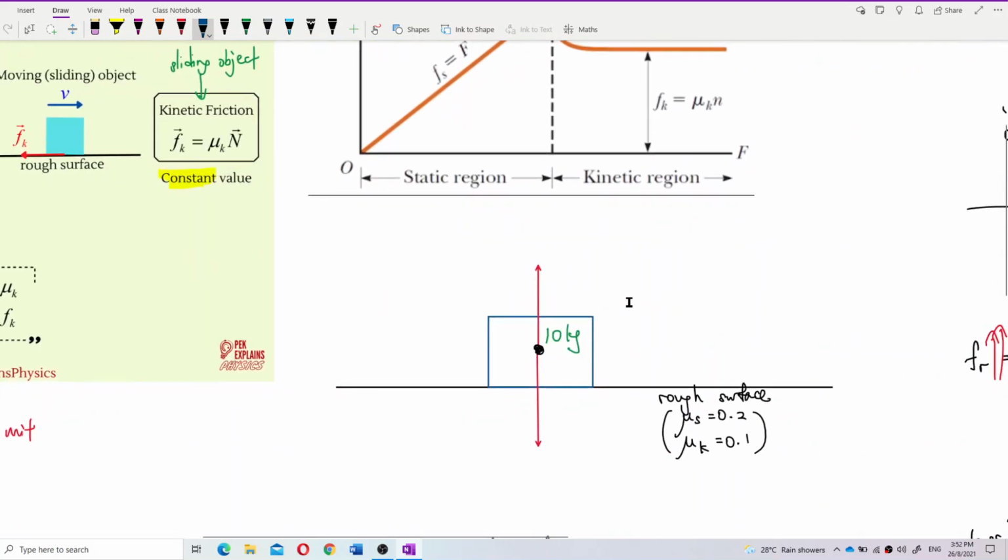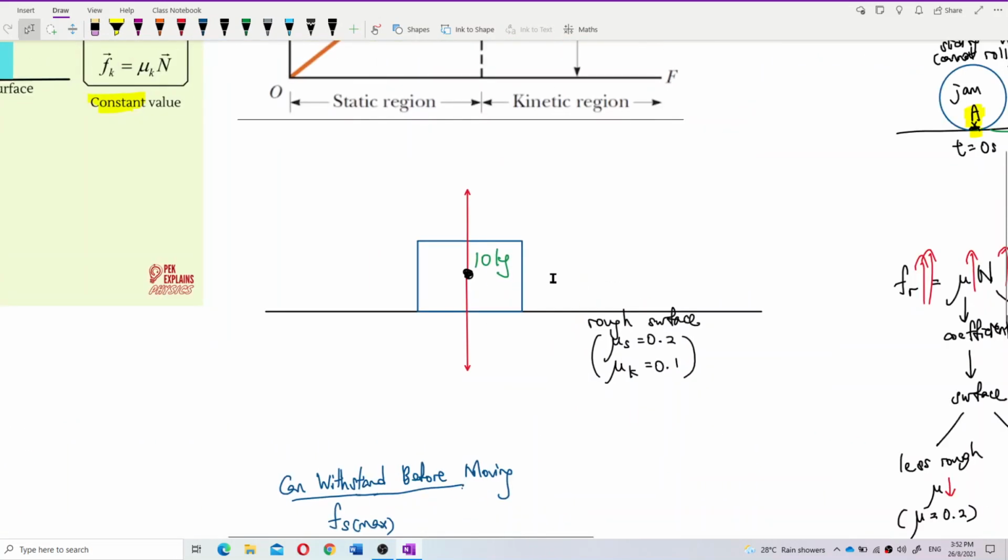So we need to first identify what we have. We have the mass, 10 kilogram. The crate is 10 kilogram, and the rough surface has these coefficient of friction values, mu s and mu k. Normally mu s is bigger than mu k. You should know that.